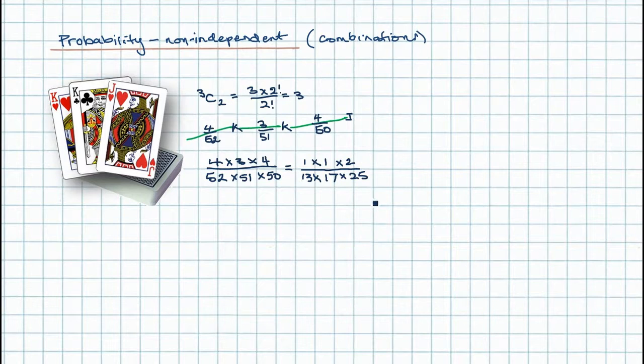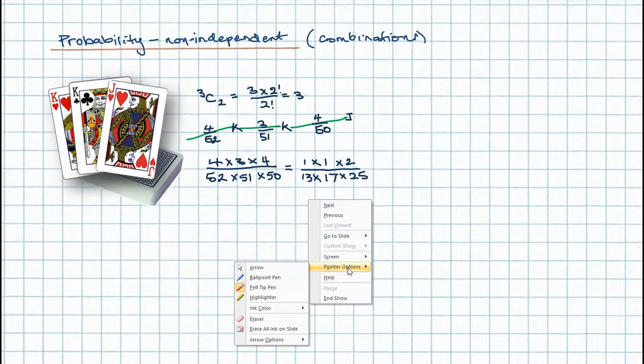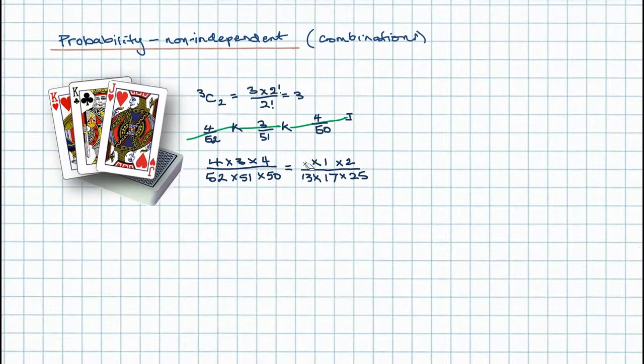So now I've got a much simpler thing to deal with. In fact, if I just erase the top here, I've got 1 times 1 times 2. I can just say that's 2.